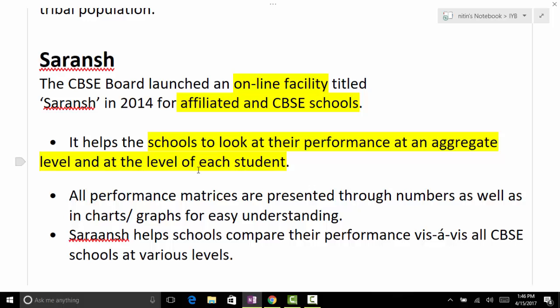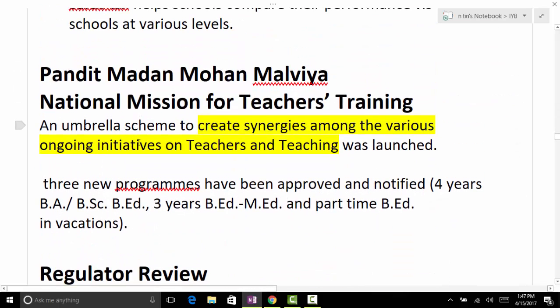It's a kind of summary sheet for the whole school, for every student, and across different schools. Remember this is a CBSE board scheme, for affiliated CBSE schools.